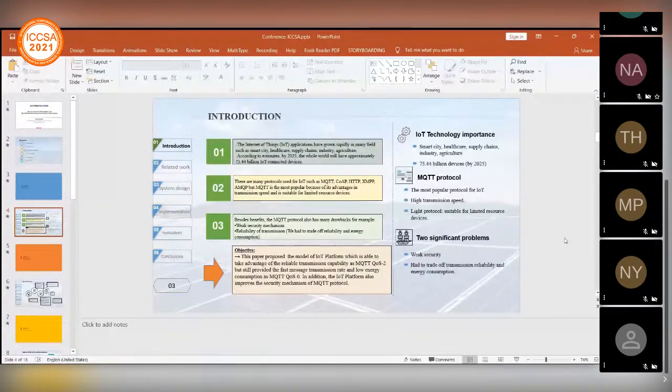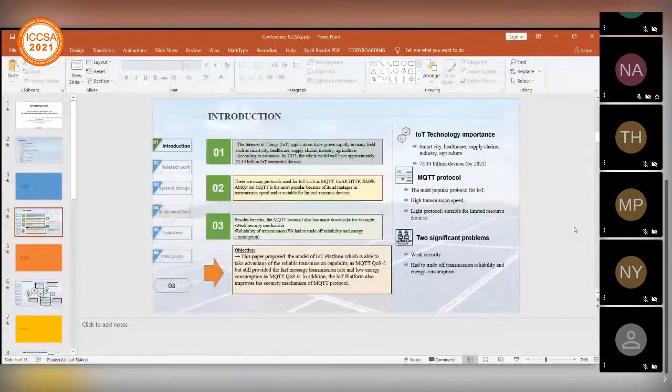There are many IoT protocols, but MQTT is the most popular because it has high transmission speed, so it is suitable for limited devices. Besides the benefits, the MQTT protocol has many drawbacks, for example weak security mechanism, and it has to trade off reliability and energy consumption.